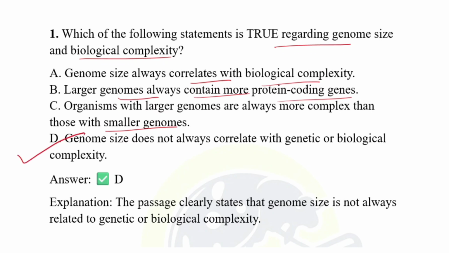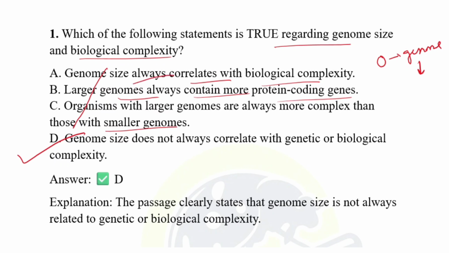Yes, this is the right answer, because it is not at all necessary that if an organism is small, its genome will be of small size. No, it is not at all related. And also if the organism is large in size, it is not necessary that its genome size will also be huge. Sometimes there is a correlation and sometimes there is not. That is why all these three options are wrong, because genome size does not always correlate with biological complexity.